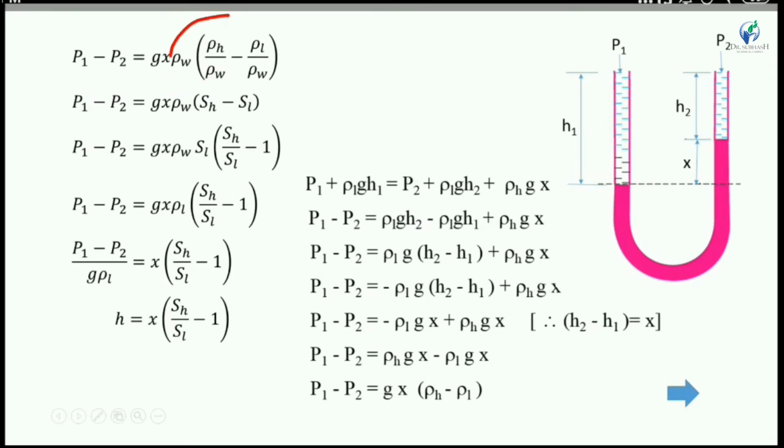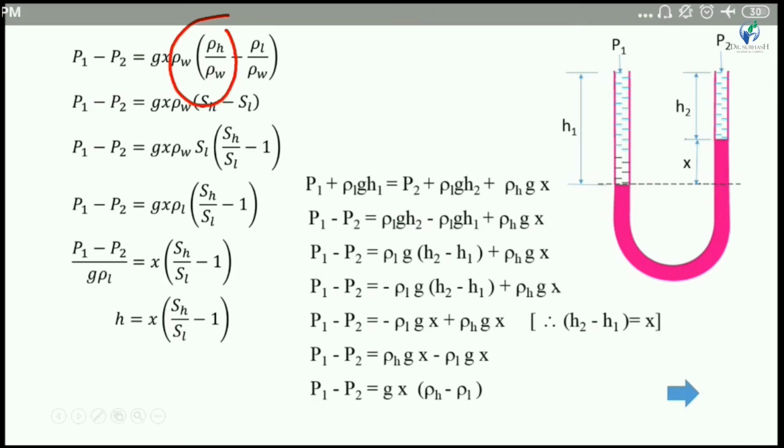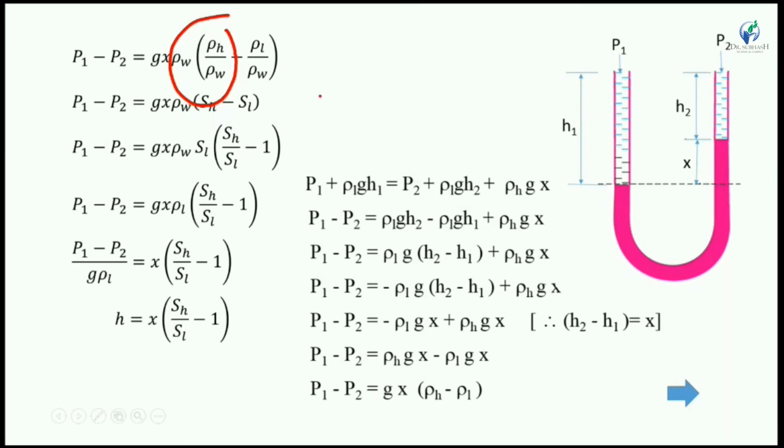The ratio of the density of heavy liquid to the density of water is defined as the specific gravity of heavy liquid, and similarly the density of light liquid upon the density of water is defined as the specific gravity of light liquid. So we write the density ratios in the form of specific gravity of heavy liquid and specific gravity of light liquid. Now the specific gravity of light liquid SL is taken common from the bracket, so SH upon SL minus 1.